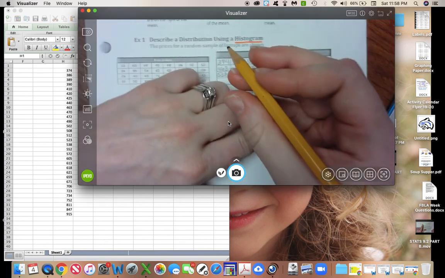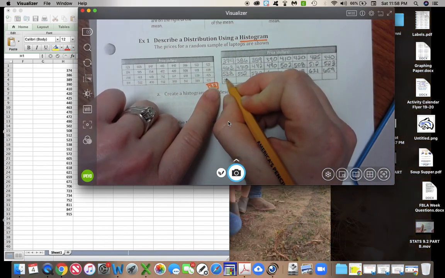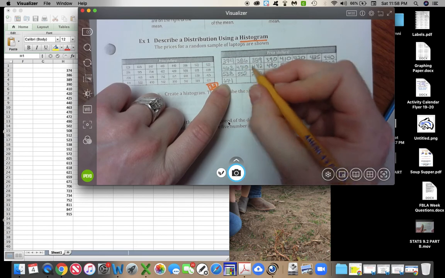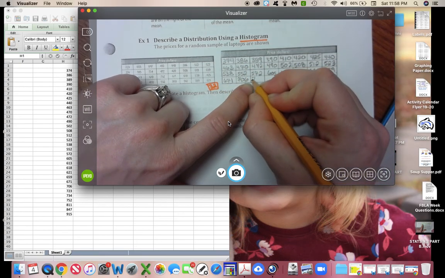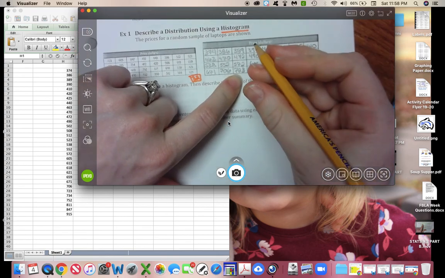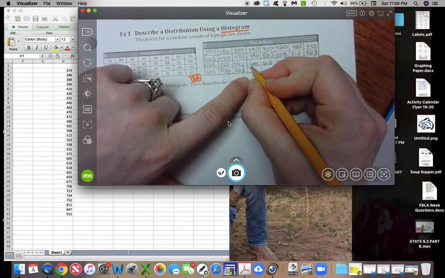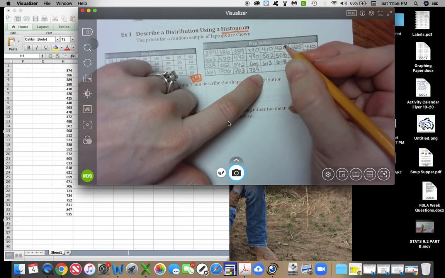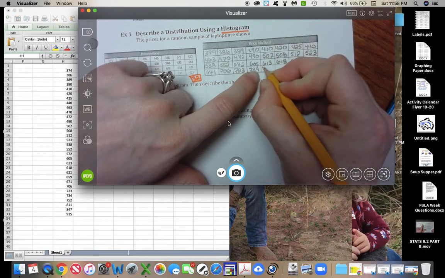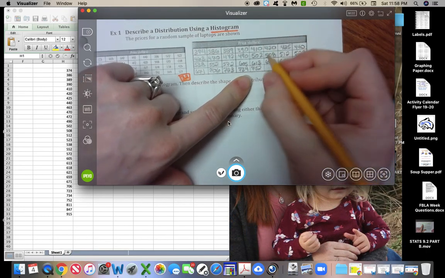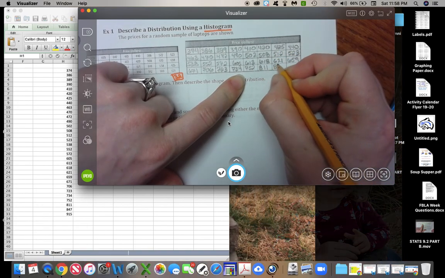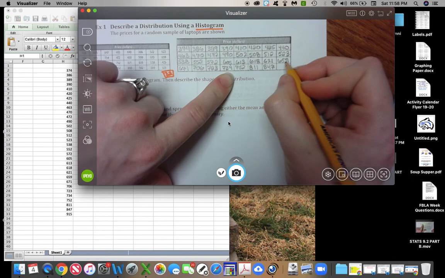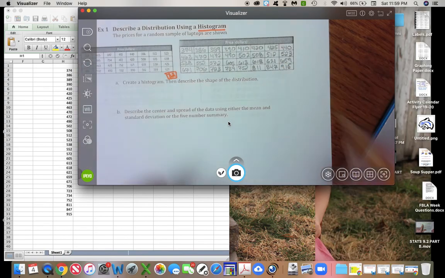Last row, 671, 706, 723, 734, 752, 811, and 847, and last one is 915. Oh my goodness. Okay. All right.